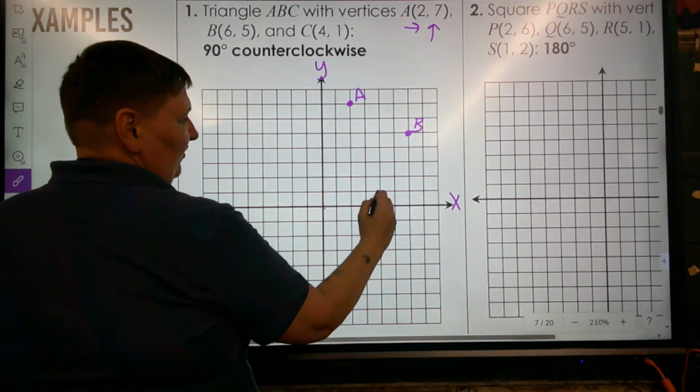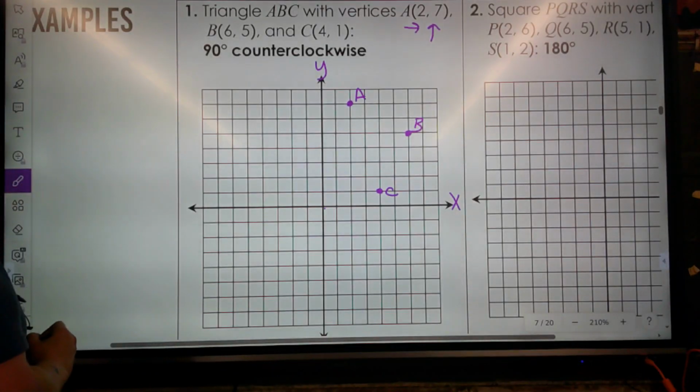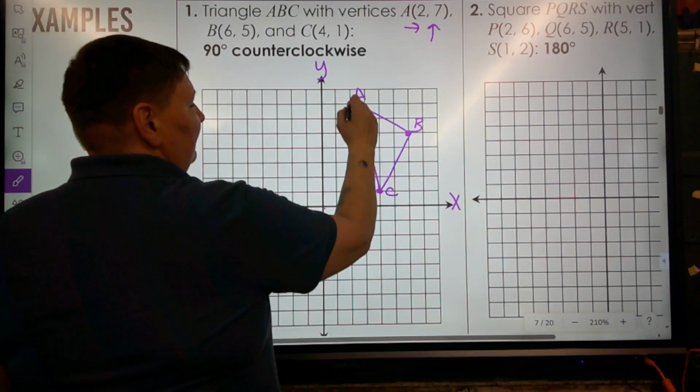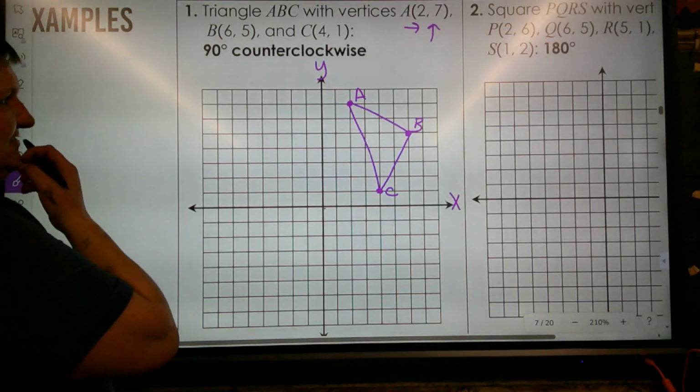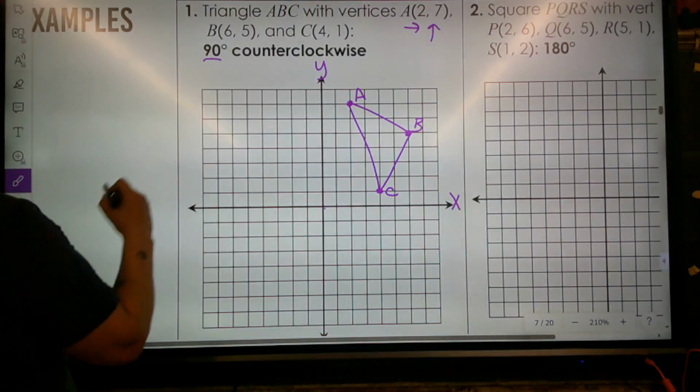So 4 right, 1 up. C. Connect. Use a ruler, please. Your lines should be straighter than my lines. All right? And we're going 90 degrees counterclockwise.